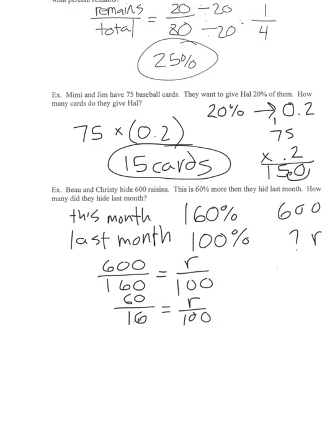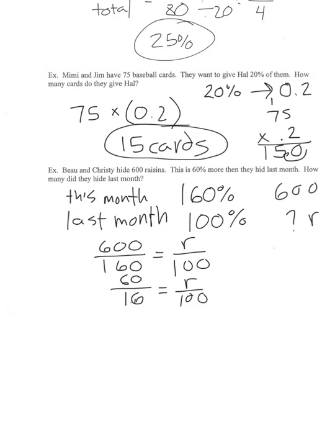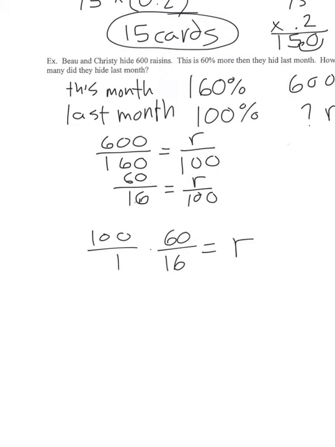So I think I'm going to do that right now, multiply each side by 100, remembering that on this side it would be like 100 over 1, like this. On this side, you're going to undo the division, right, by multiplying by 100, leaving the r there. 60 times 600 is 6,000 over 16. And now I just need to do the 6,000 divided by 16.